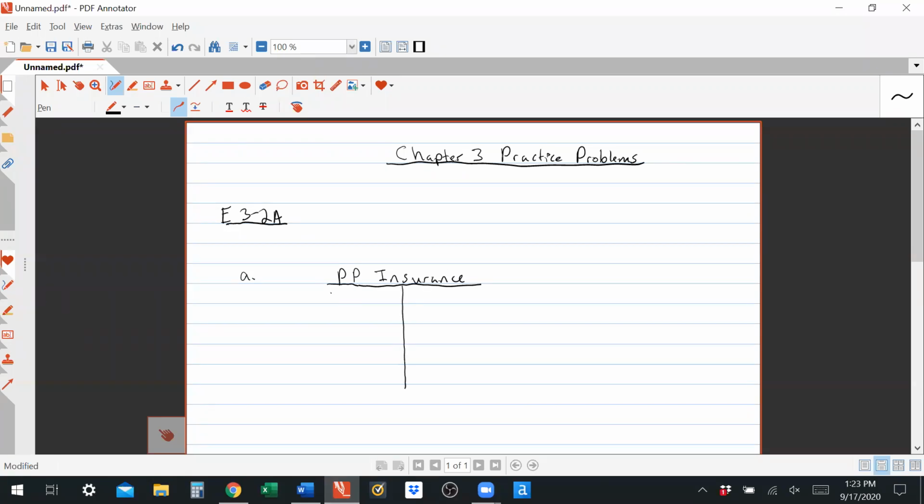And there's $7,200 in the prepaid insurance account before adjustment. That's the balance. But we need to make an adjustment, and then the account will have an ending balance.